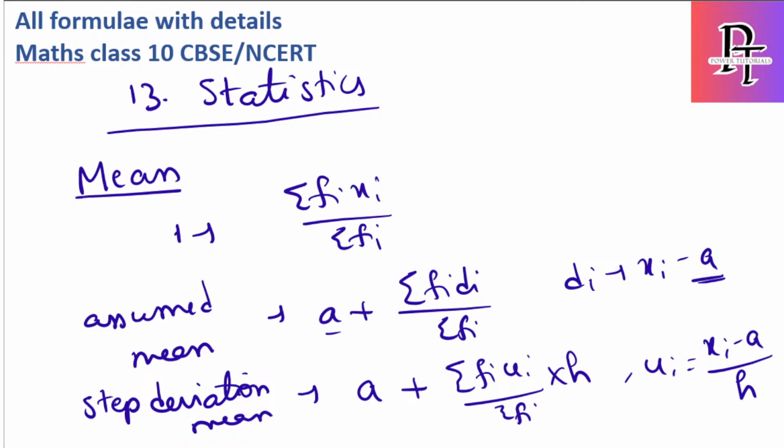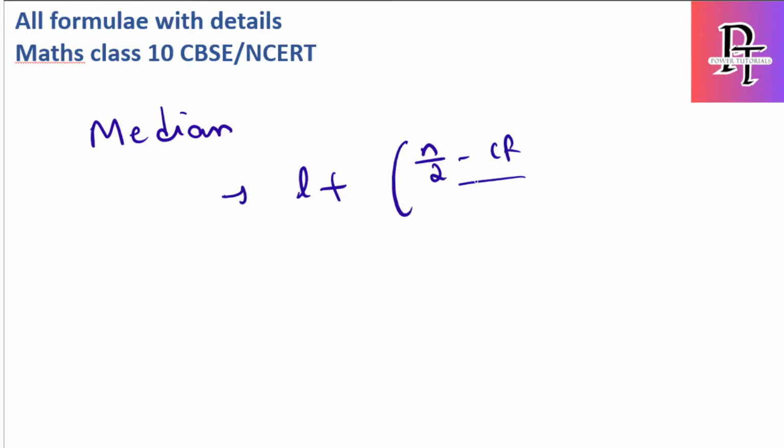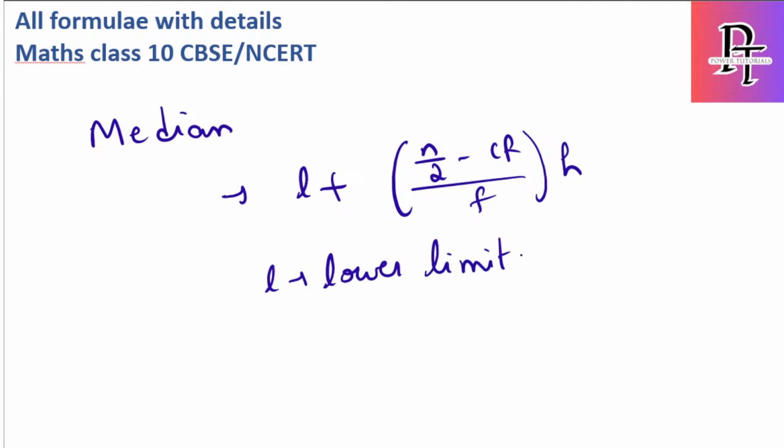Okay, then we have median. The median formula is L plus (n by 2 minus Cf) by f into h, where L is the lower limit of the median class, Cf is the preceding cumulative frequency value, not Cn, it is Cf.